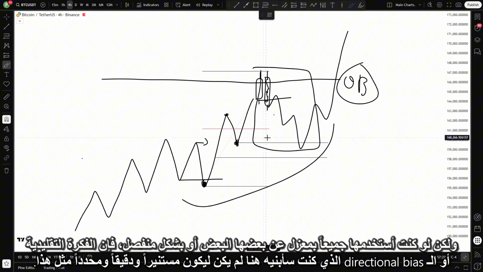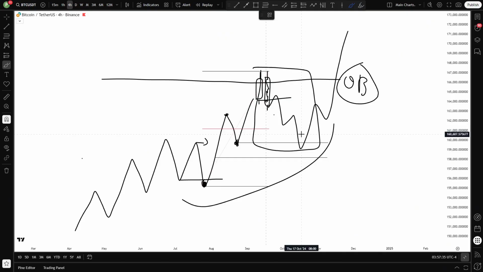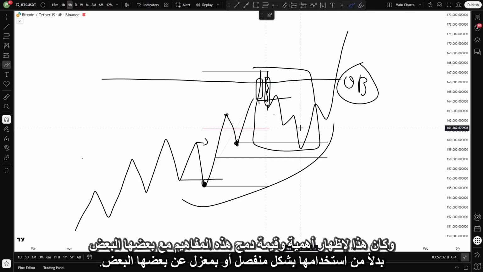But if I had been using all of them in isolation or separately from each other, then the directional bias that I would have built here wouldn't have been as informed and as precise and as accurate as this one. And this goes to show the importance and the significance of integrating these concepts with each other rather than using them separately or in isolation.